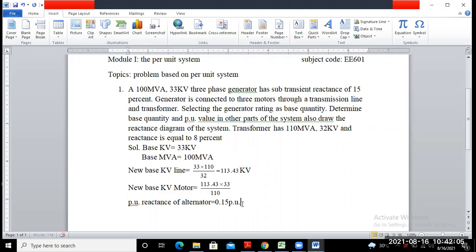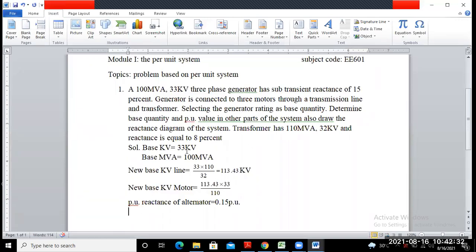So from this rating, you may convert this transformer reactance value in per unit on the base value of 100 MVA and 33 kilovolt. As you know, the formula for this is per unit old value into MVA new by MVA old into kilovolt old by kilovolt new whole square.